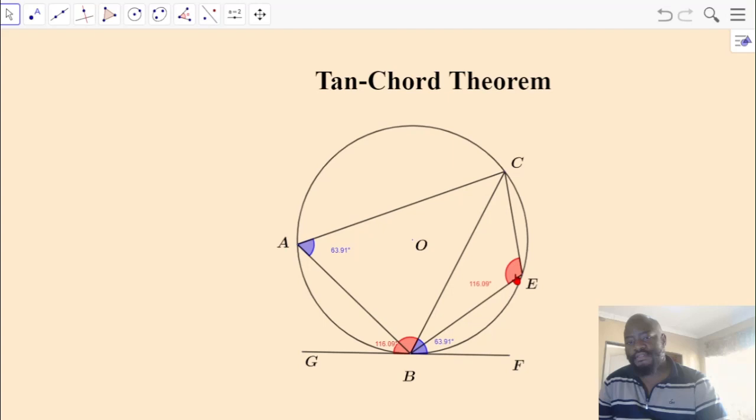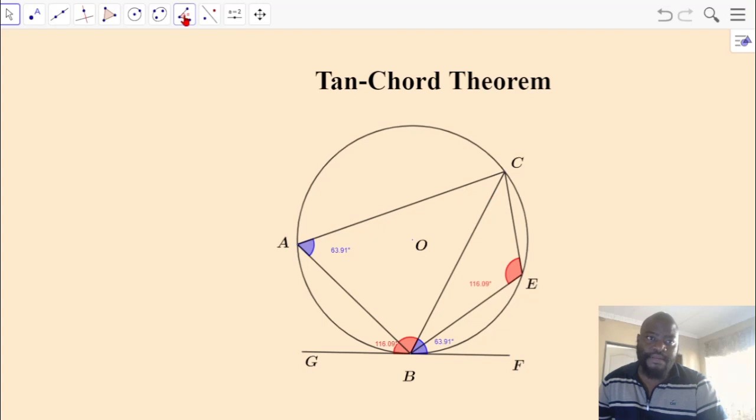Again, this side, the blue, we see CBF being the angle between the tangent and the chord, and then the chord BC subtends that angle A over here. There's another chord theorem happening here. If we look at BE, then this angle here will also be equal to that one here. Again, if we look at the chord with this ABG, which is what we proved, then this C here will be equal.